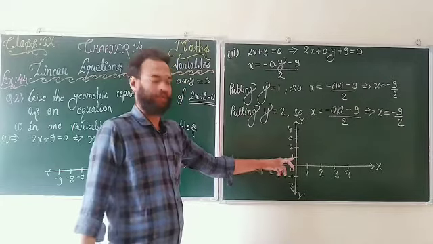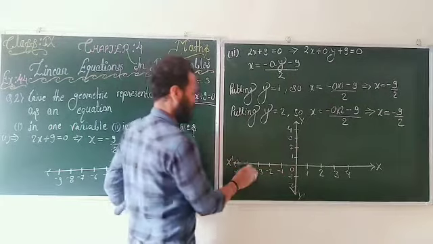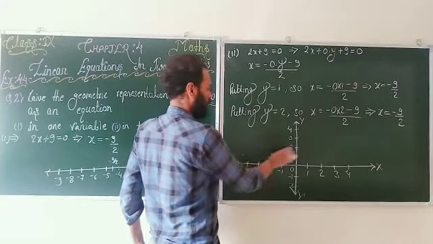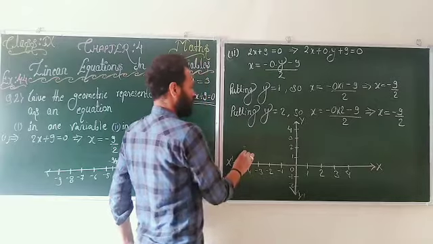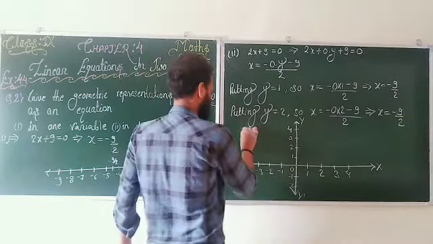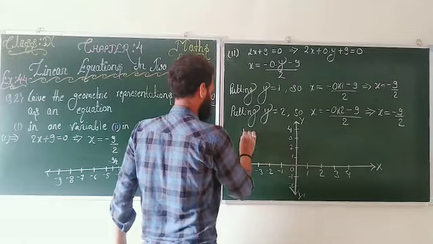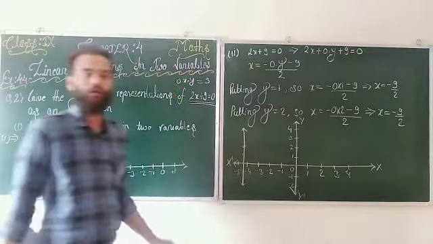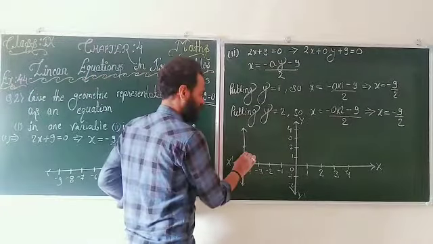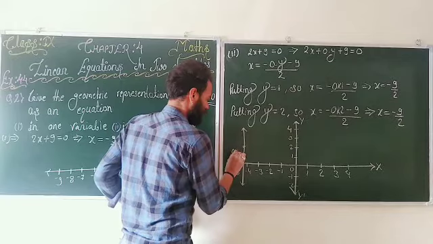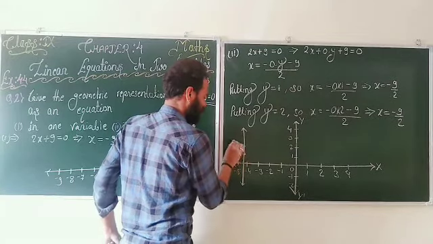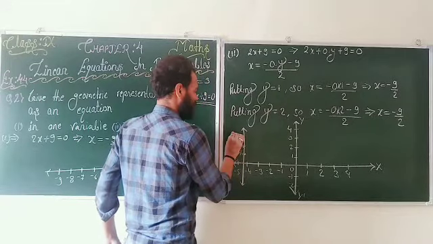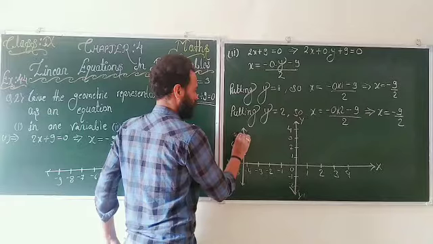When we put the value of y as 1, we get minus 4.5, and when we take y equal to 2, again we get minus 4.5. At any value of y, we get minus 9 upon 2. When we put y equal to 1, minus 9 upon 2; y equal to 2, minus 9 upon 2; y equal to 3, minus 9 upon 2.